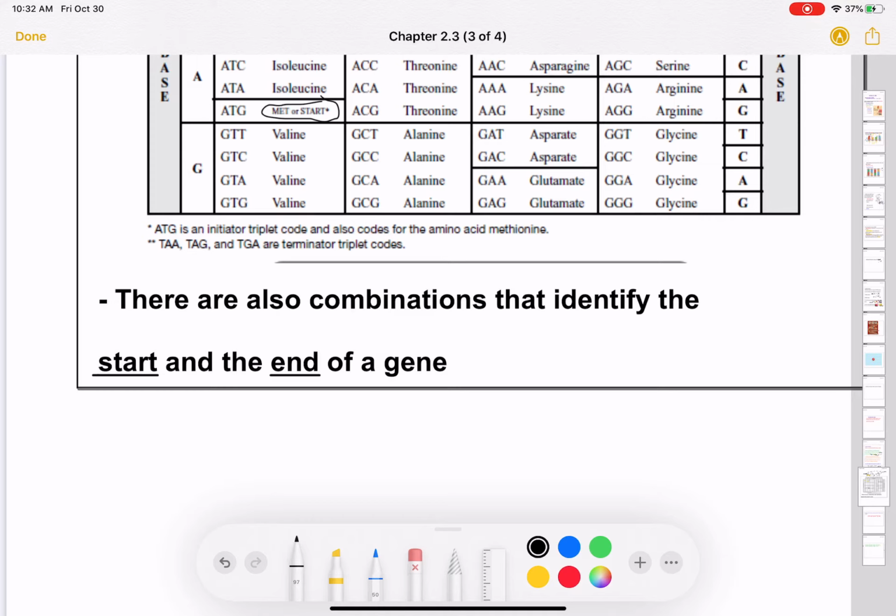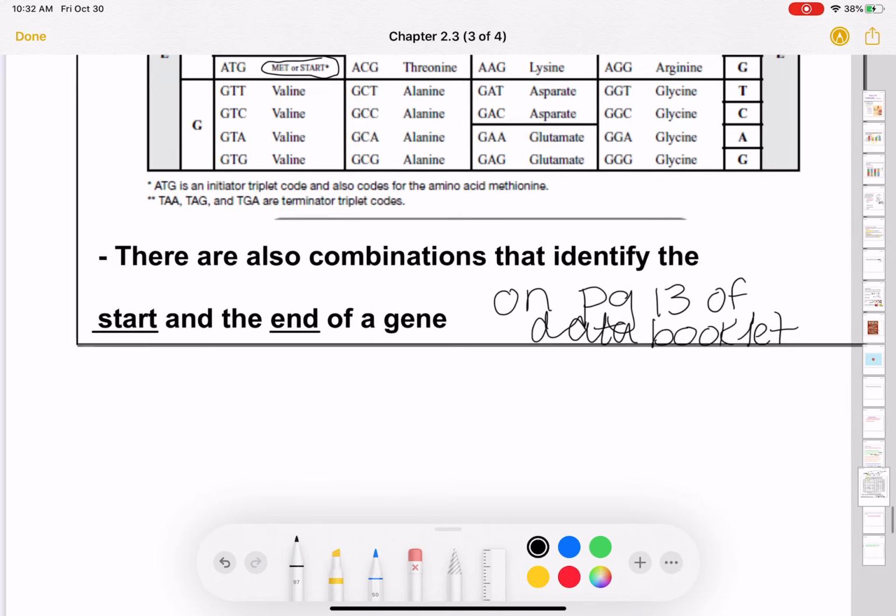Yeah, so it is on the last page of the booklet, page 13. So you should see that same chart on page 13 of your data booklet. I'm going to write that on here, on page 13 of booklet. Data booklet. All right.